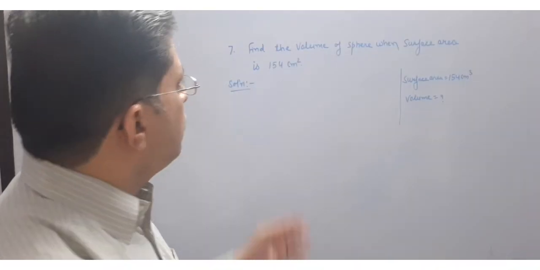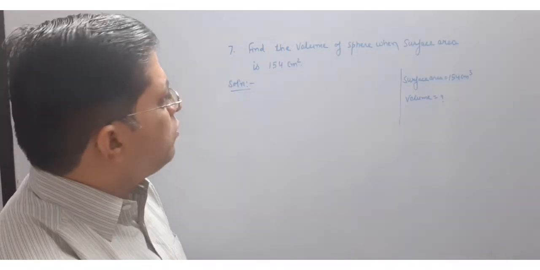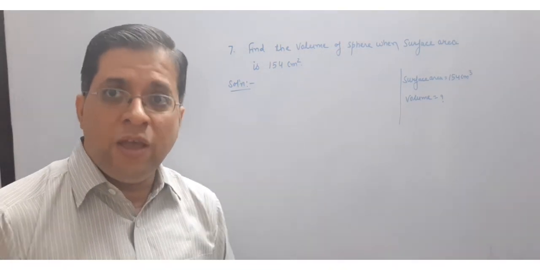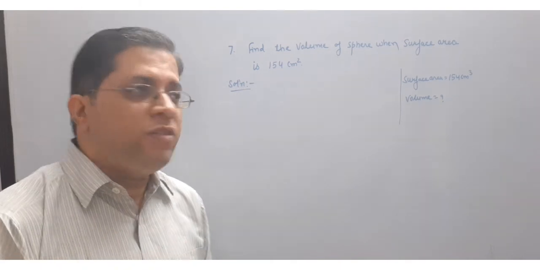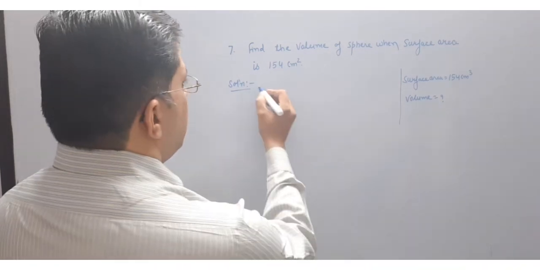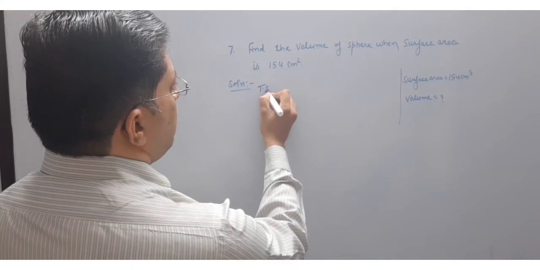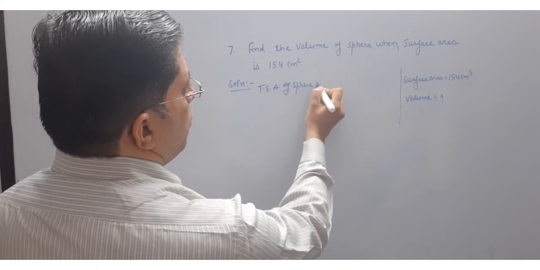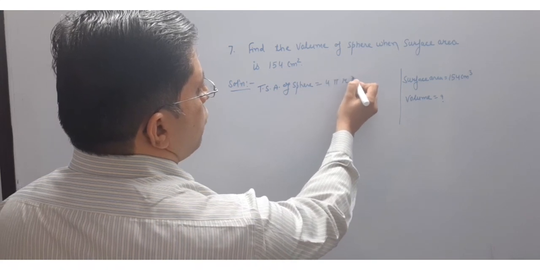Okay, now on the next, find the volume of sphere when surface area is given to you, 154 centimeter square. Surface area is given to you. So what is the surface area of sphere? That is 4 pi r square. I can say PSA of sphere is 4 pi r square.